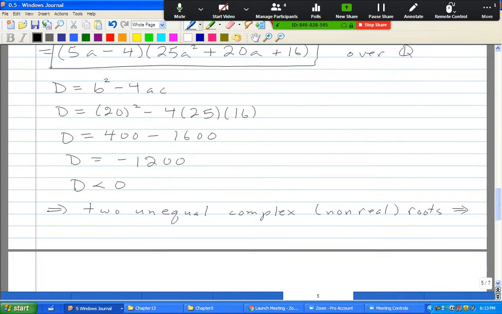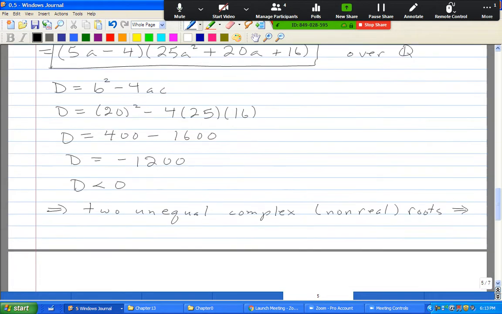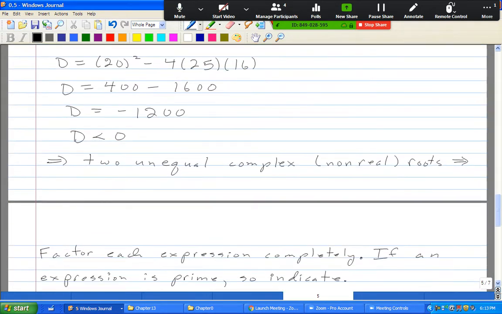As a consequence, this last term cannot be factored over the reals.